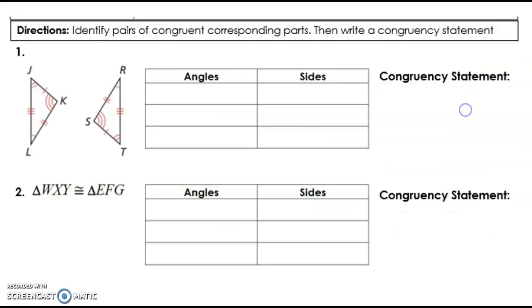So let's see a couple examples. We want to identify pairs of congruent corresponding parts, and then write a congruency statement. For my angles, I'm going to start with these two angles right here.